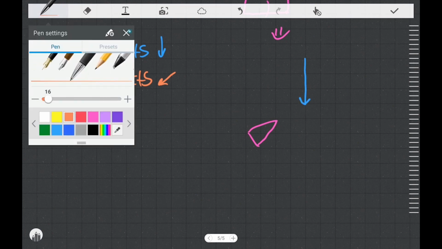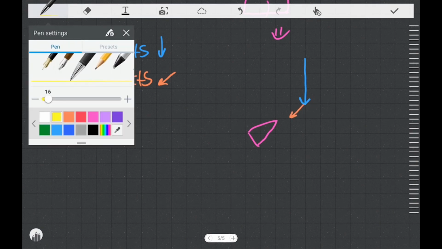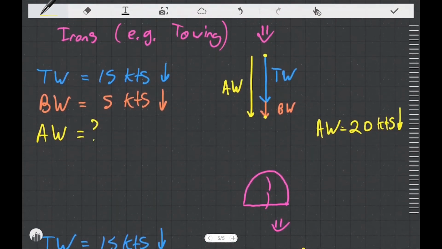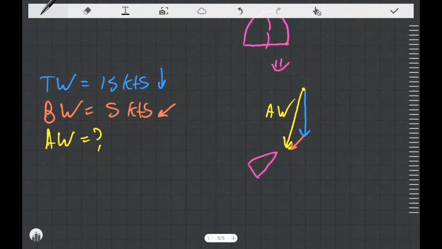Switch to orange and draw our boat wind, which is only 5. And the last thing we're going to do is connect our apparent wind just like that. We're not going to solve for the velocity this time. We're just going to say that it's clearly going to be a little bit more than 15 knots, but it's certainly going to be less than the 20 knots that we decided on in irons.